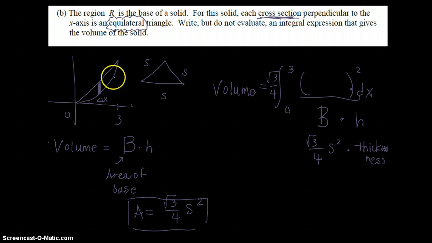And remember that this right here is the base of this. So that side length should be my upper function minus my lower function, all squared for the side length squared. Again, this was a write but do not evaluate, and that would produce the volume.